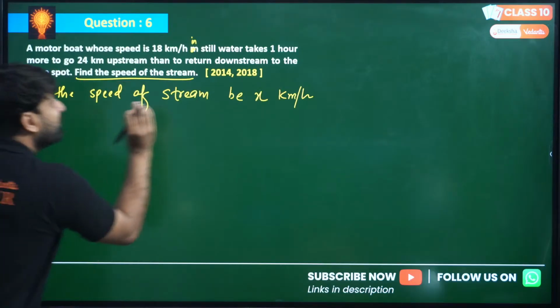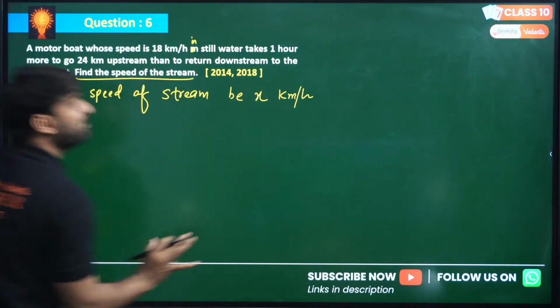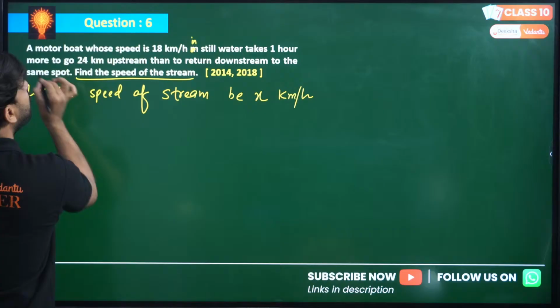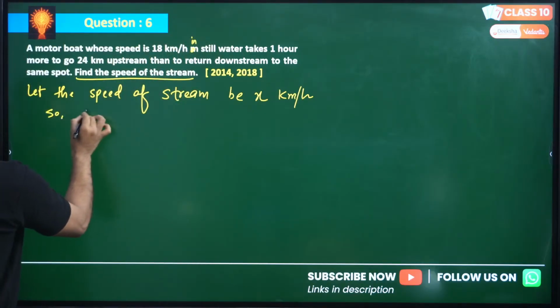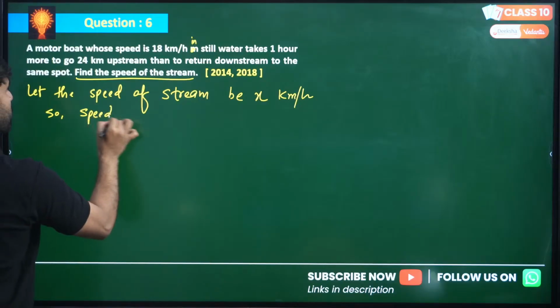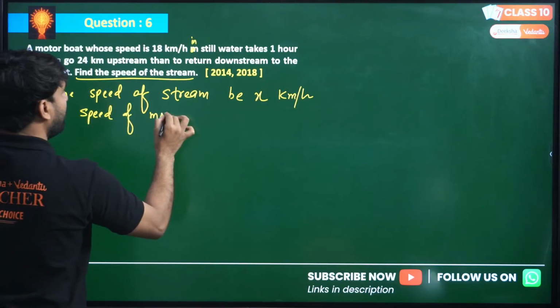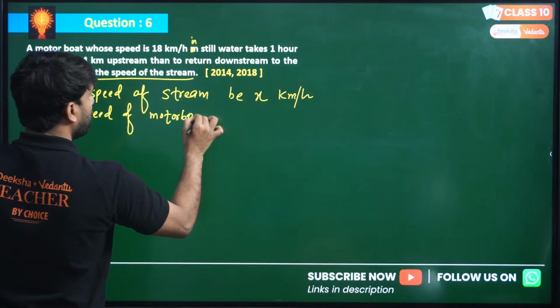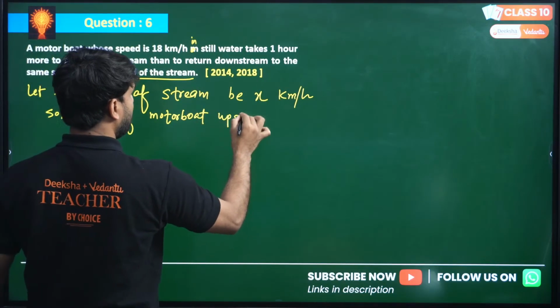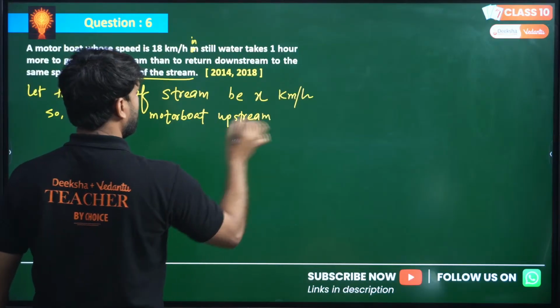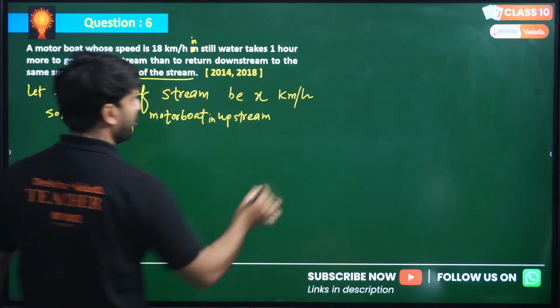Now, if this is the speed of stream, what will be the speed of the motorboat in upstream and downstream mode? So, speed of motorboat in upstream mode.